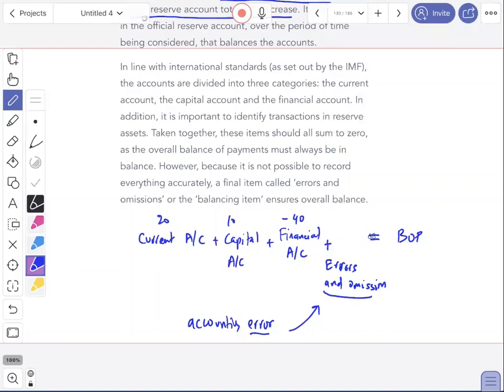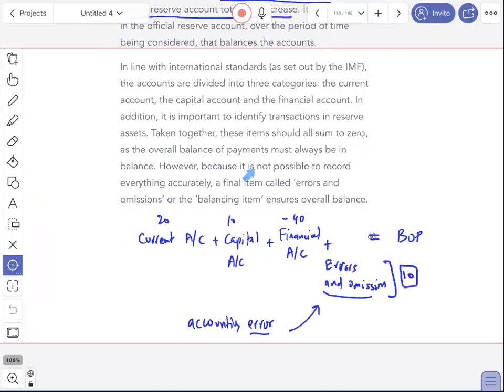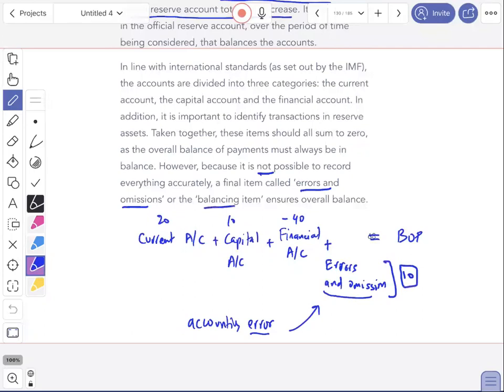Let's say you have a minus 10 happening, even though you have taken into account all the reserve account as well. Then maybe you have made a mistake of 10, and that 10 could be your errors and omissions. Because it is not possible to record everything accurately, a final item called errors and omissions, or the balancing item, sometimes ensures overall balance.